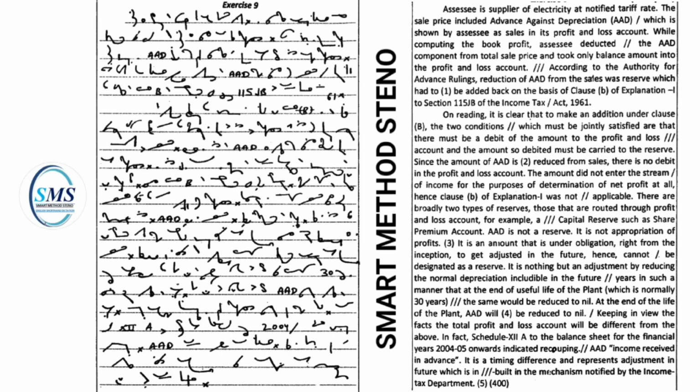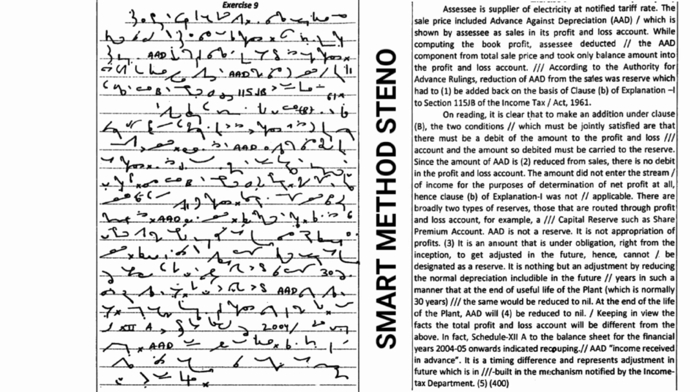According to the Authority for Advance Rulings, reduction of AAD from the sales was reserve which had to be added back on the basis of Clause B of Explanation 1 to Section 115JB of the Income Tax Act, 1961.